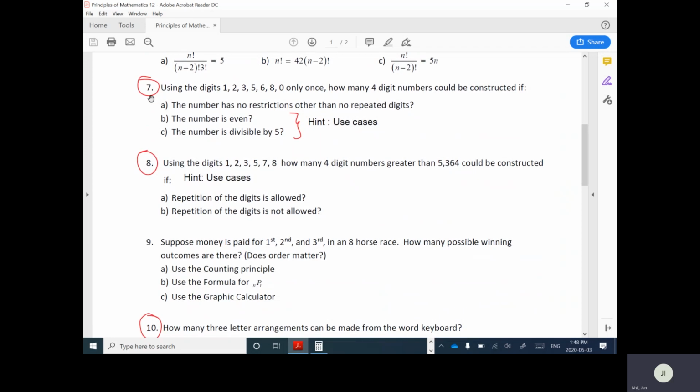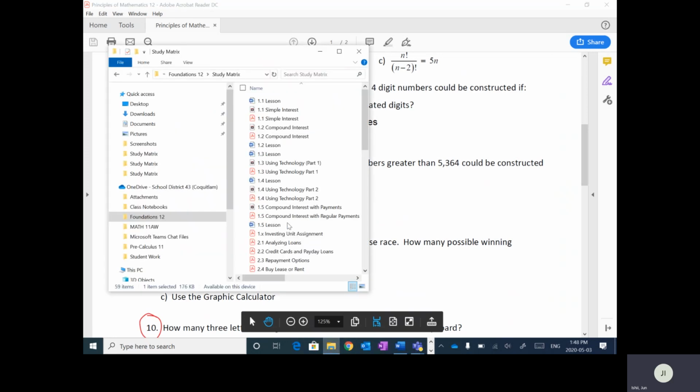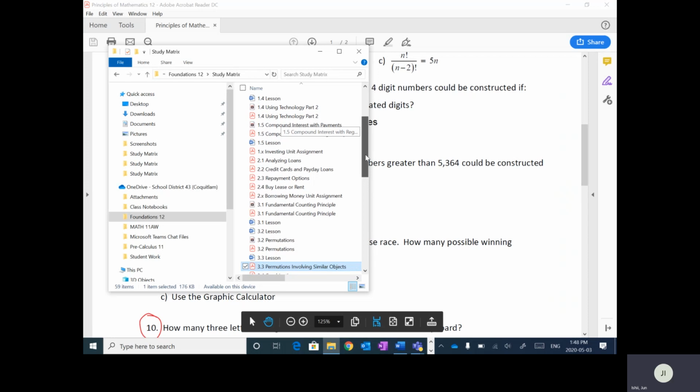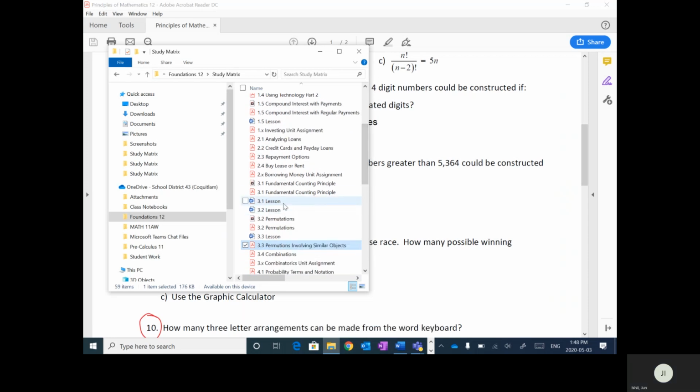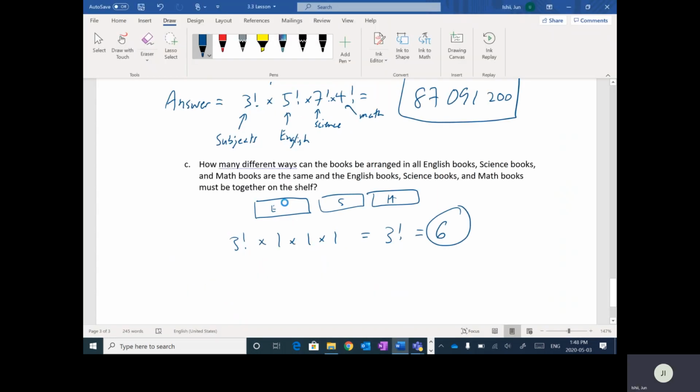I didn't do an example of this today, but for number 7 and 8, for these questions here, I did an example. I think it was in the first. Let me just check that. I'll just show you what 7 and 8 are similar to. I'll just open the 3.1 here.